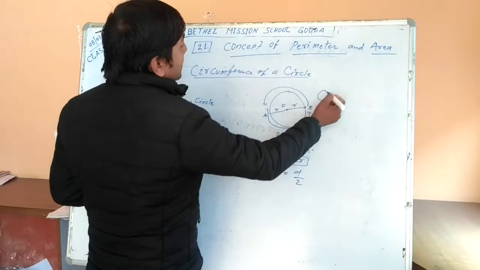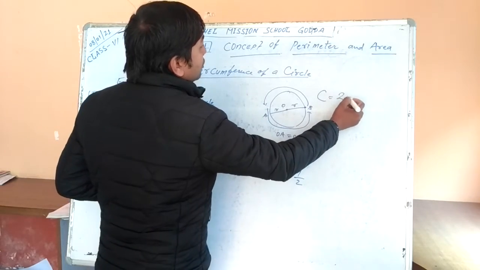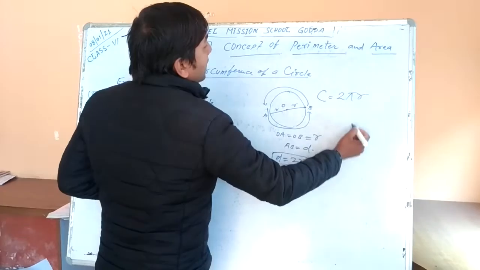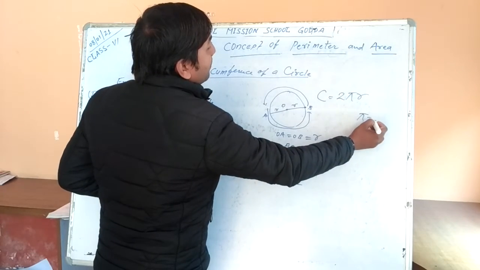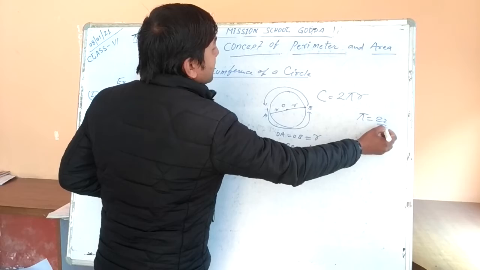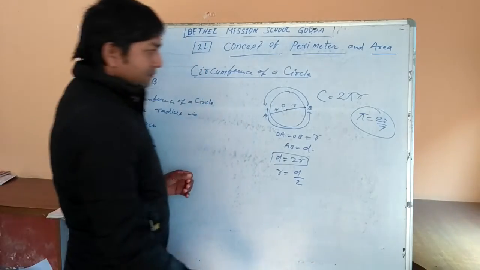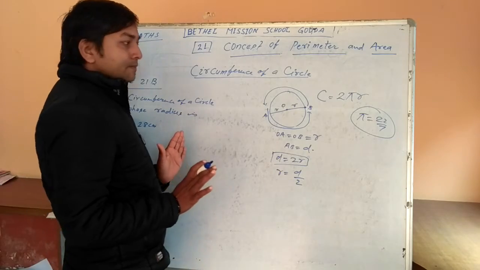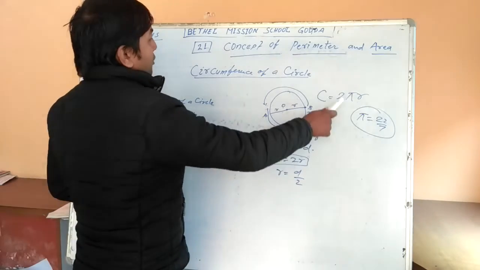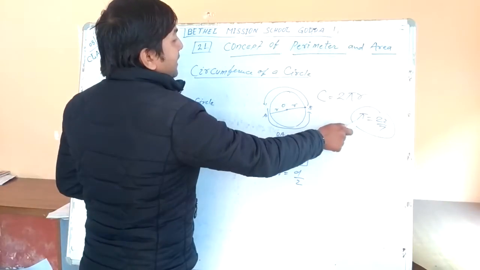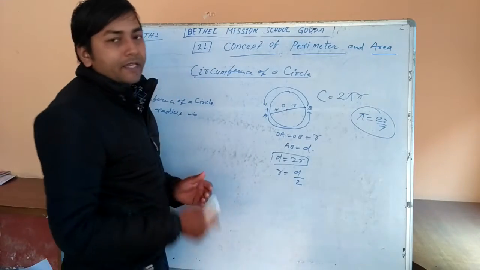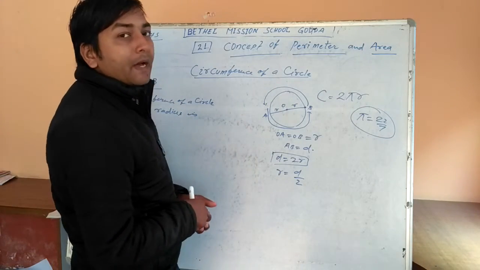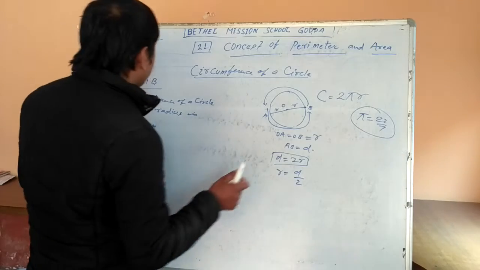And what is the formula? Circumference of a circle equals 2 pi r. And you have to put the value of pi equal to 22 upon 7. Hope it is clear. 2 pi r. What is the name of this symbol? Pi. Okay, and the value of pi is 22 upon 7.